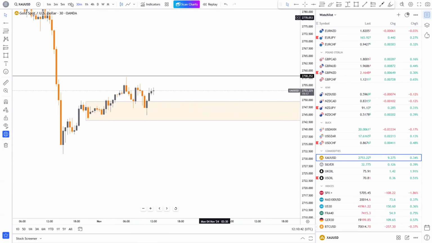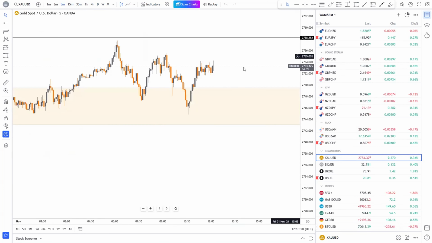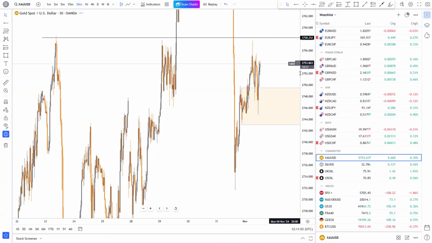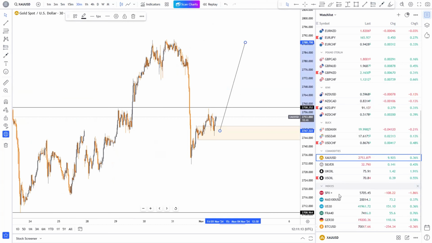So I'll be looking for more confirmations for me to be buying. Yeah, price shifted. So we are looking forward to buy higher. What I'm expecting is that gold to be buying from this structure here, then to the upside direction, because it's the reaction point that price came to react.